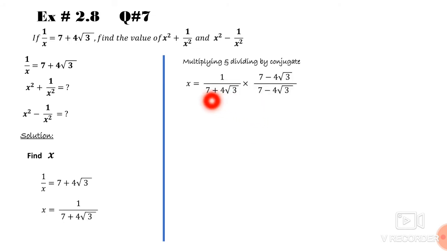We have 7 plus 4 root 3, so the conjugate will be 7 minus 4 root 3. We will multiply and divide by the conjugate. Numerators can be multiplied directly, and in the denominator we will use the same formula, a plus b, a minus b. Using that formula, in place of a we will write 7, and in place of b we will write 4 root 3.